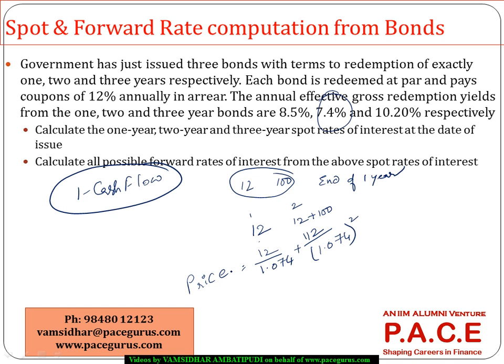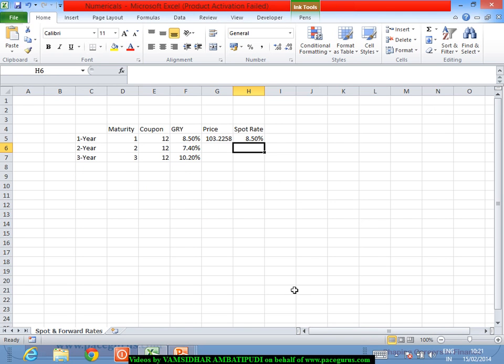Then after that, I'll use this price and discount each of the cash flows with their corresponding spot rates.